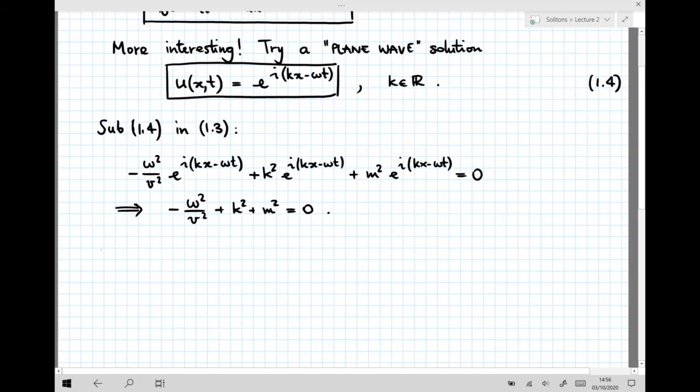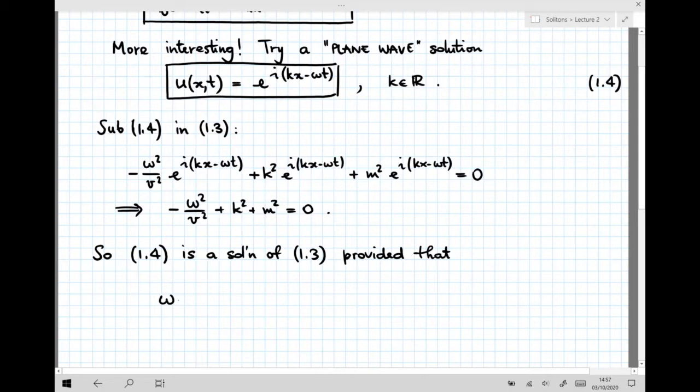And so we find that the plane wave 1.4 is a solution of the Klein-Gordon equation 1.3, provided that omega and k are related as follows. Omega must be a function of k, which is given by the solution of this algebraic equation here.